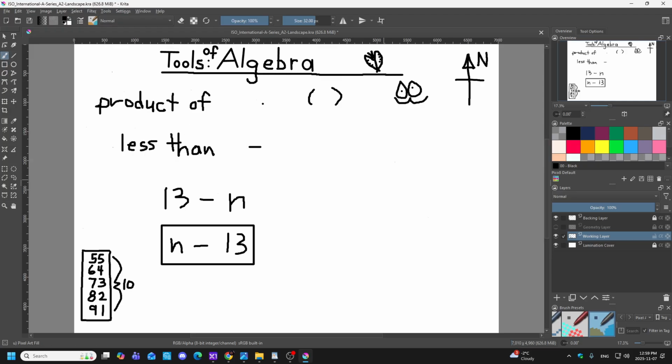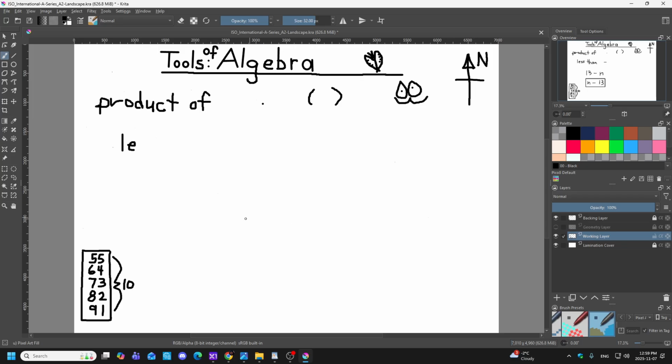Let's do another one quickly. Nine more than the quotient of b and 5. Quotient.